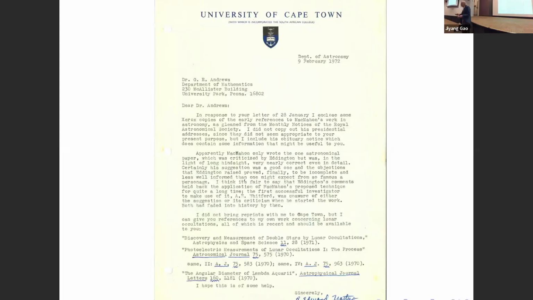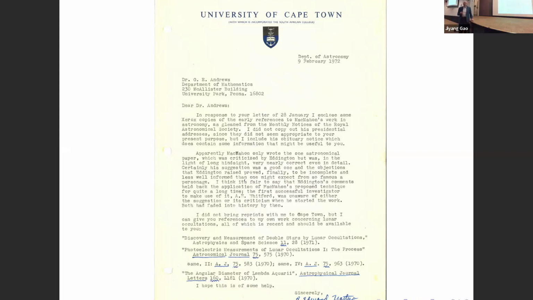MacMahon, in addition to being a combinatorialist, was at one time in his life president of the Royal Astronomical Society. And he'd actually written one paper basically studying the stars under the conditions of a total eclipse.